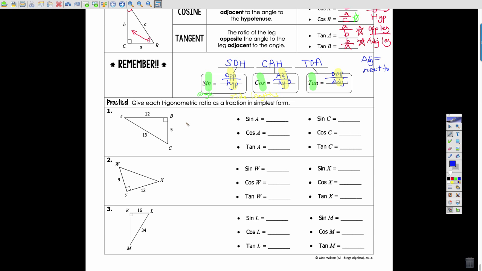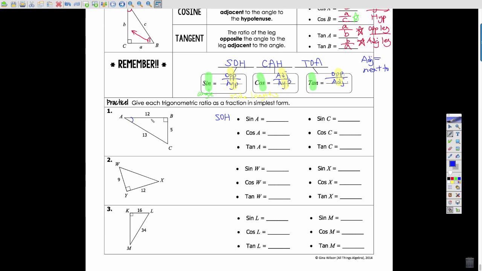So let's look at it here. Here's some basic concepts. I have a right triangle ABC. Remember, it always happens in the right triangle. I've got 3 sides, so I can calculate my trigonometry ratios. Sine of A, sine is soh, so sine A should be opposite over hypotenuse.